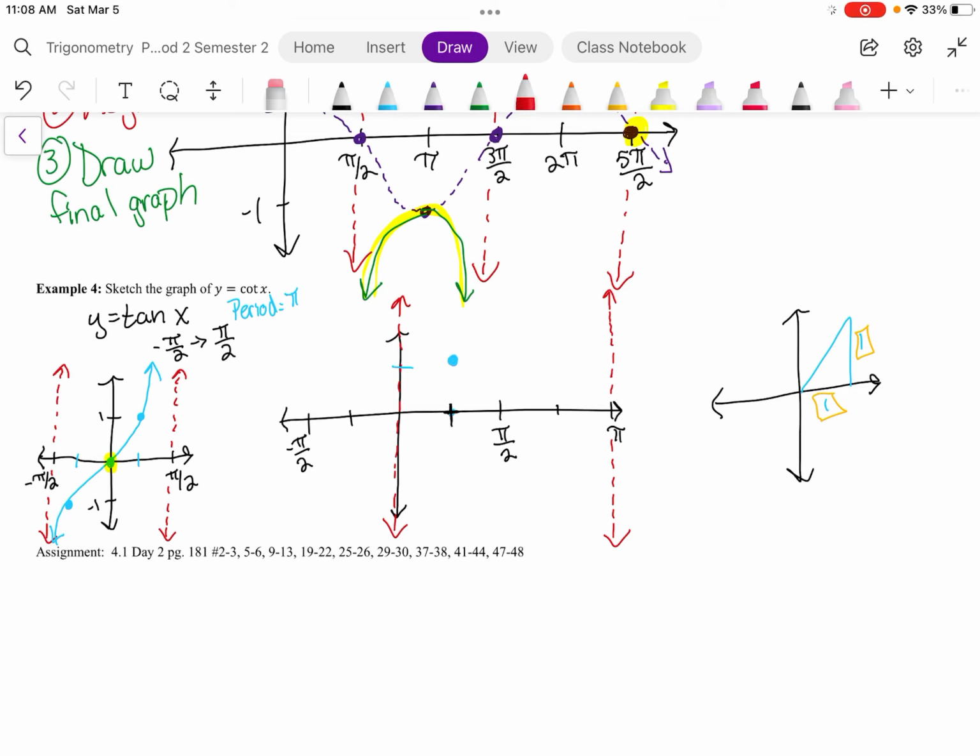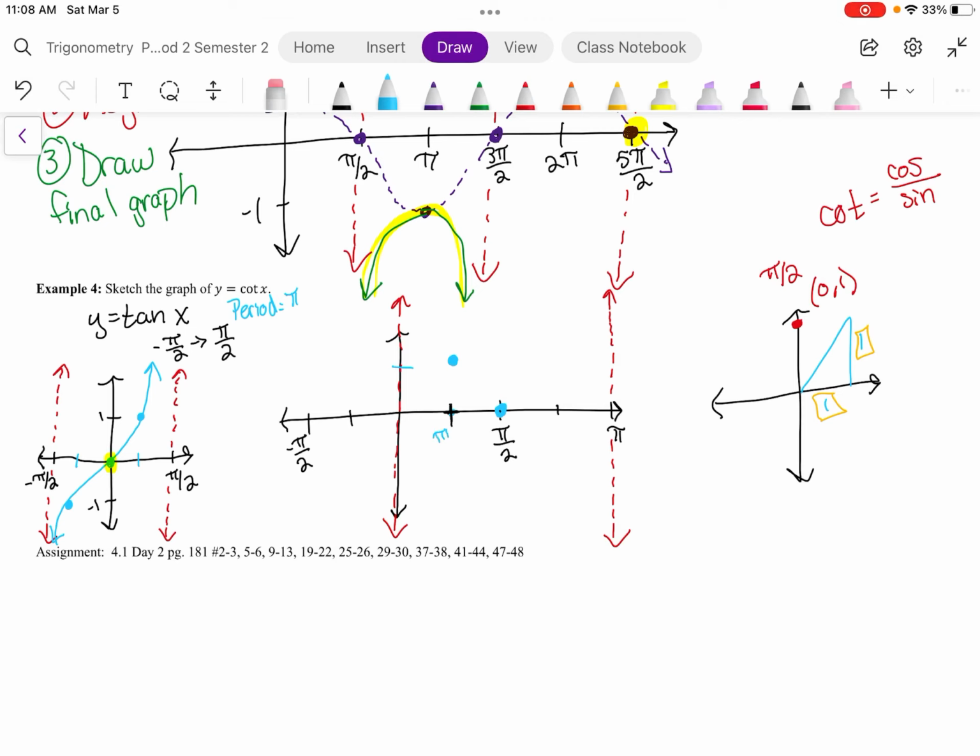And then if we were to find the cotangent at pi over 2 up here, this is 0, 1. Remember, tangent is sine over cosine, so cotangent is going to be cosine over sine. So for this one, it's going to be 0 over 1, which just equals 0.